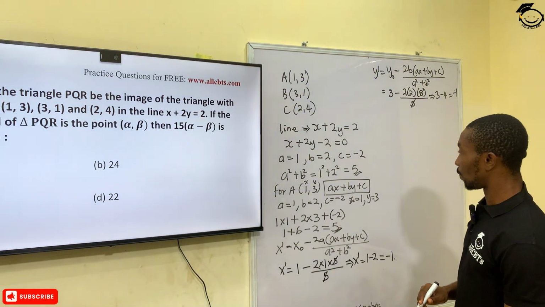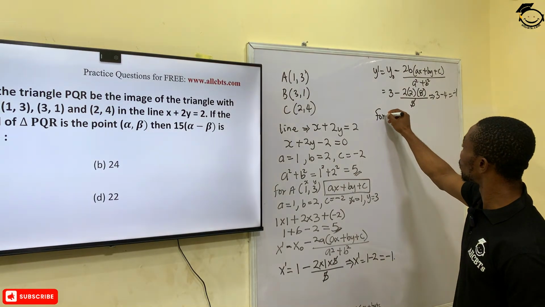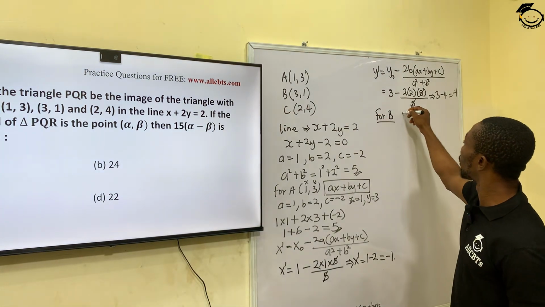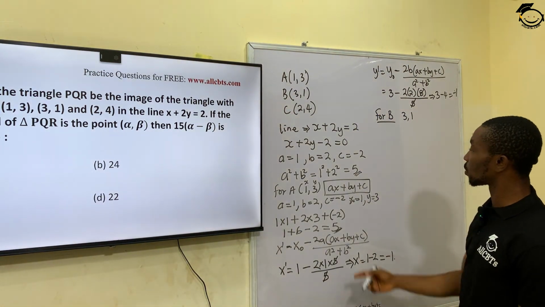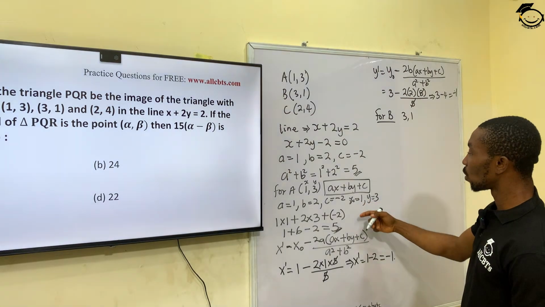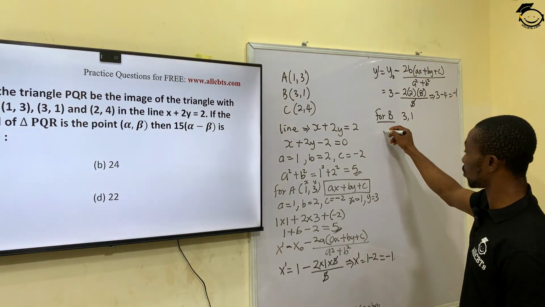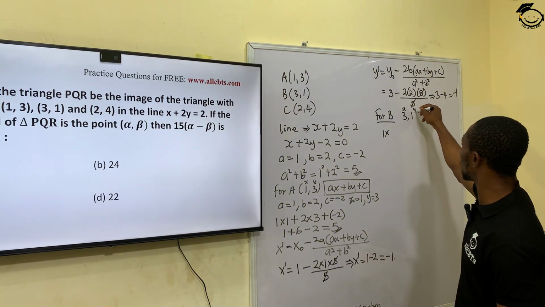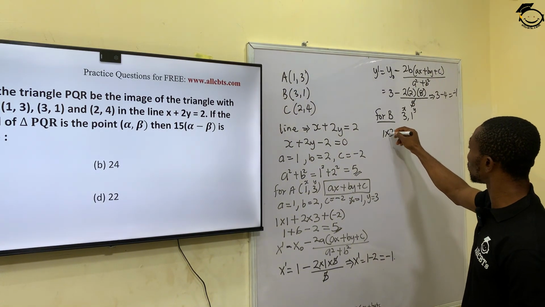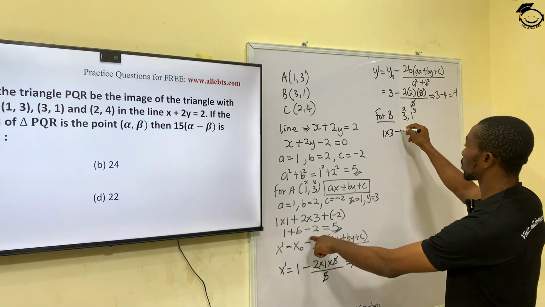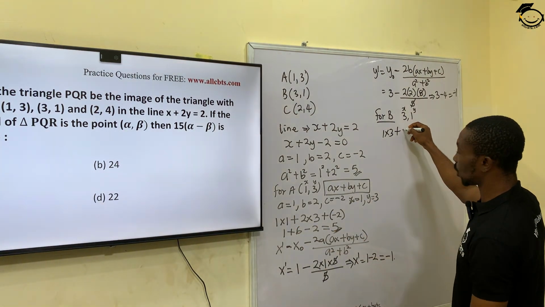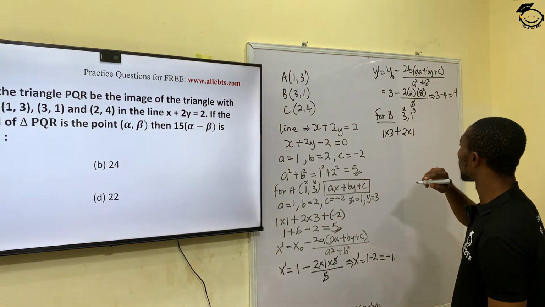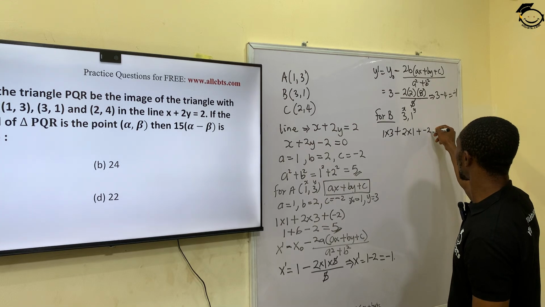Okay? Now, for B, we have it as 3 and 1. Still using this same formula, we are going to have a, which is 1, times x, now this is x and this is y, times 3, plus b, which is 2, times 1, plus minus 2.